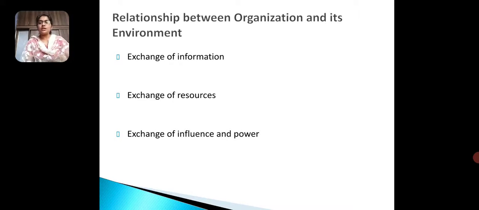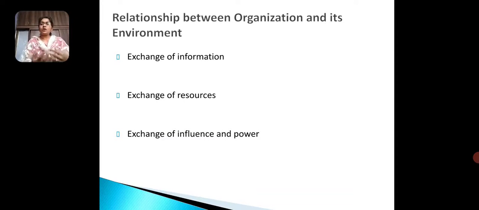Same way, you need human resource, isn't it? You need both skilled and unskilled laborers to conduct the business operation, and all these laborers actually come from the society, isn't it? Same way, you need finance, you need technology, you need the assistance of government in many ways and many forms. So all these resources actually come from the external environment to the organization.